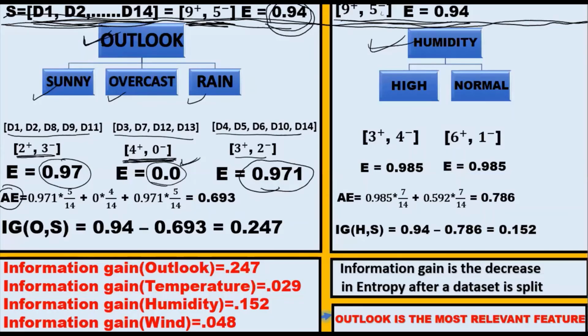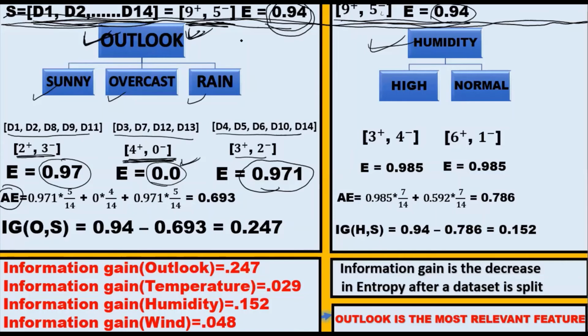Now for Outlook you have to find entropy. The entropy here is 0.94. That means the randomness is 0.94 in the original one. If you start with Outlook, then we'll see what will happen. Original data set, when I say 0.94, you have to consider everything, D1 to D14, 9 plus 5 minus.